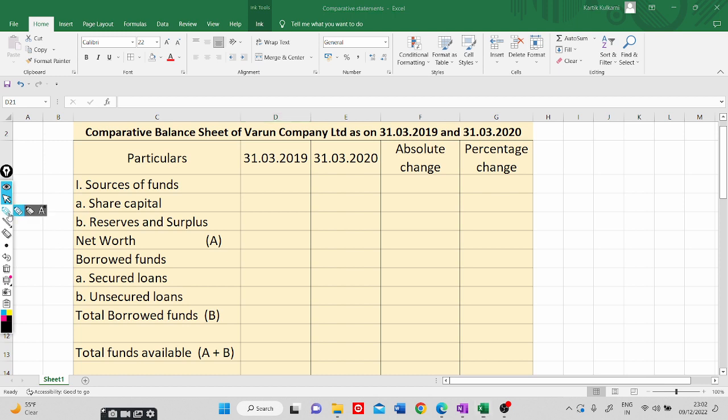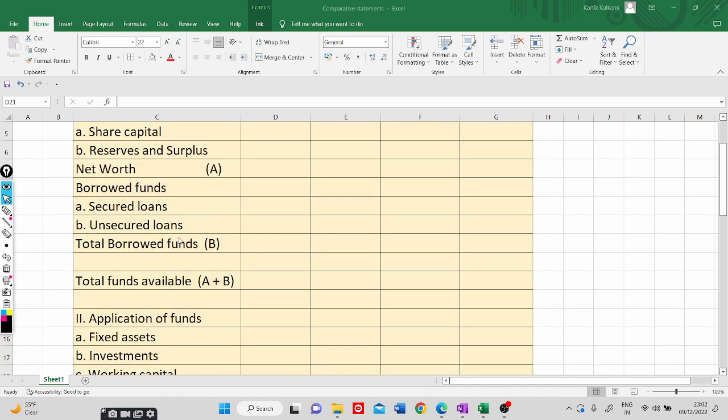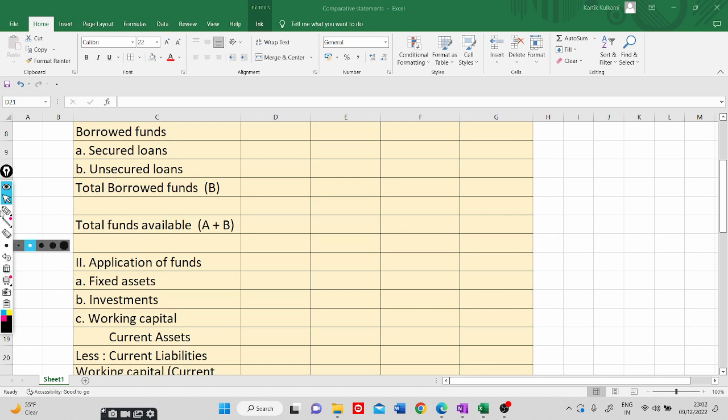So we have written borrowed fund with secured loans and unsecured loans. The total of these two will be the total borrowed fund. Net worth we will call A, total borrowed fund we call B. So the total of A and B will be the total funds available.